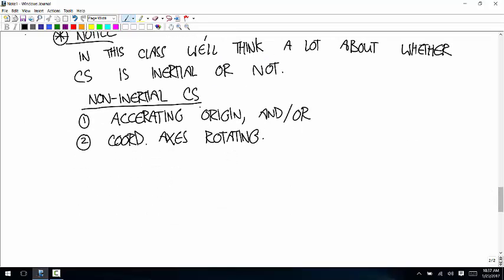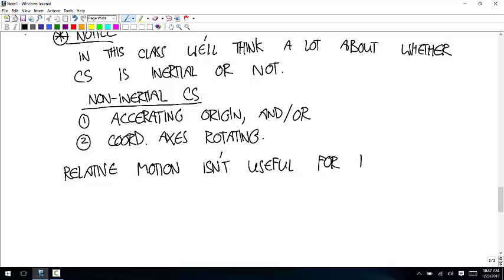Relative motion doesn't help when the coordinate axes are rotating. So it isn't useful for rotating coordinate axes.